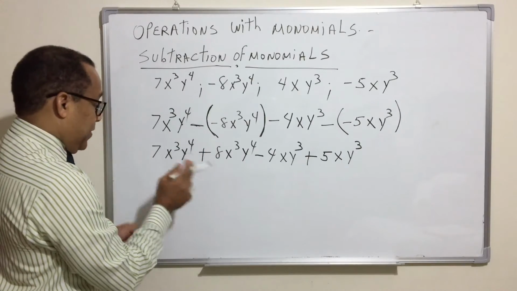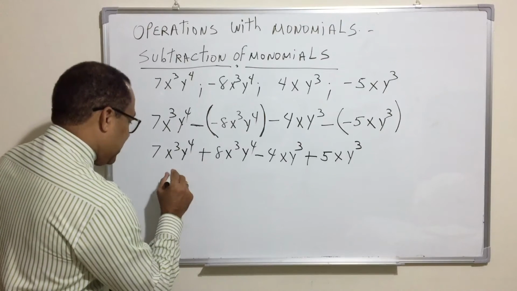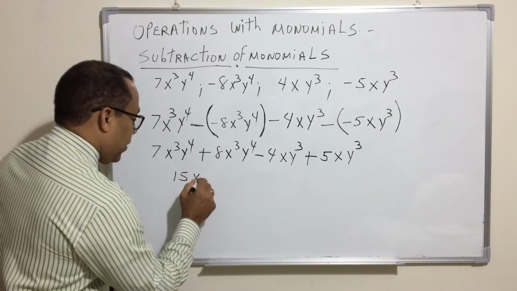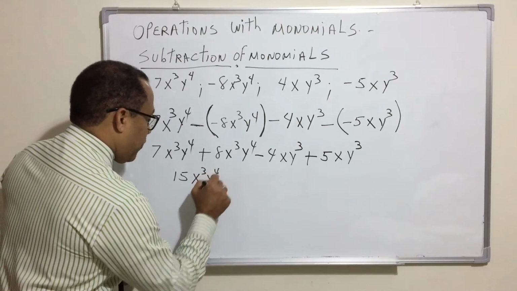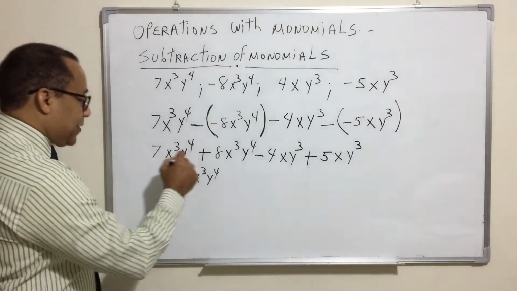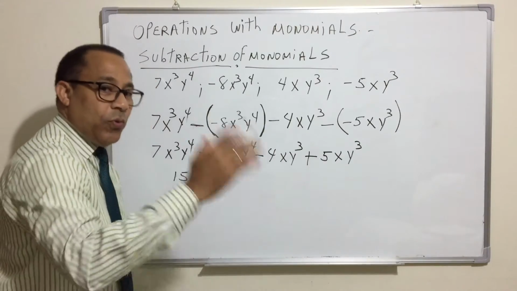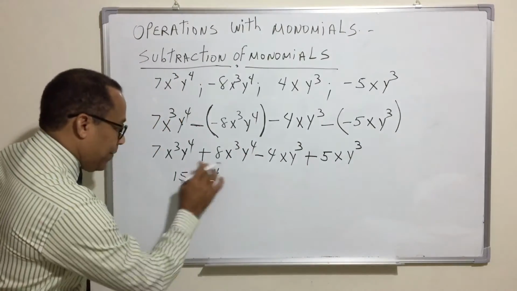We are adding the numbers. It says 7 plus 8. 7 plus 8 is 15, and bring down the x to the third, y to the fourth. It's like we are adding 7 tables plus 8 tables. The result will also be tables.